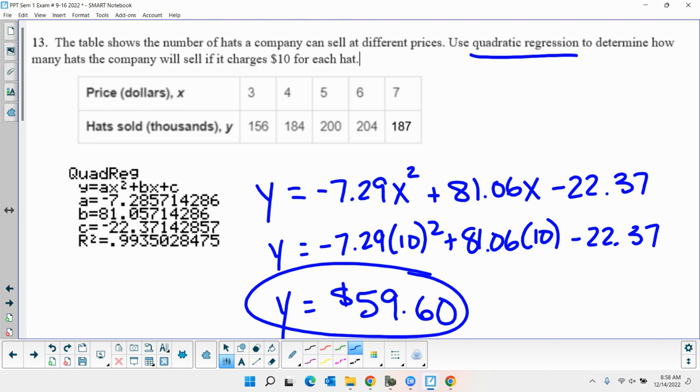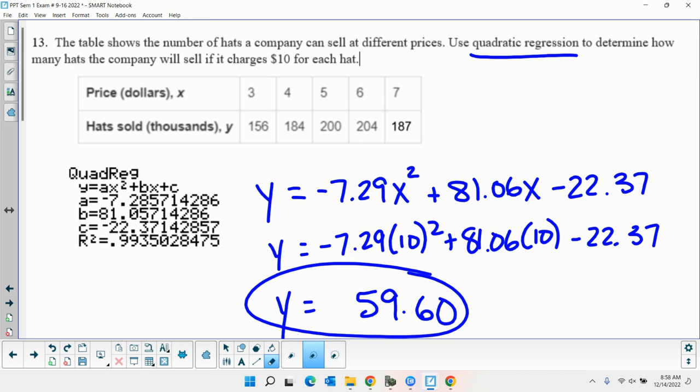No, that's not right. The price was 10. It's not $59, it's just we would only sell 59 of them. Or 60 of them, we rounded it. Sorry about that. Not a lot of money.